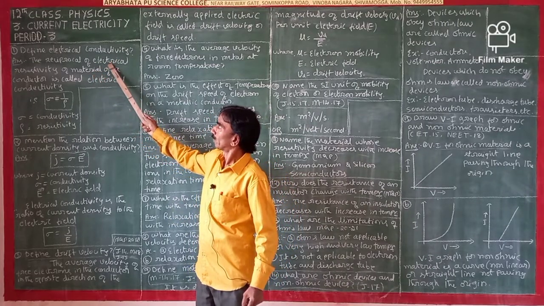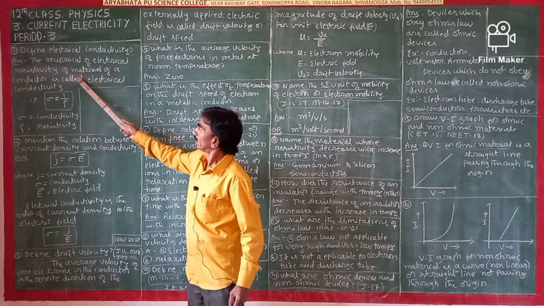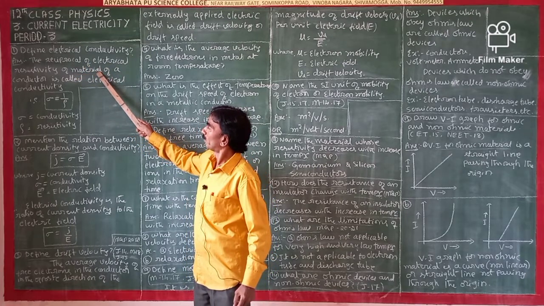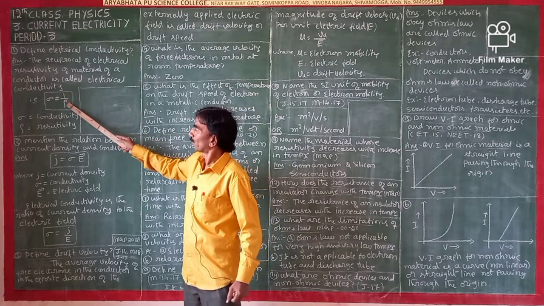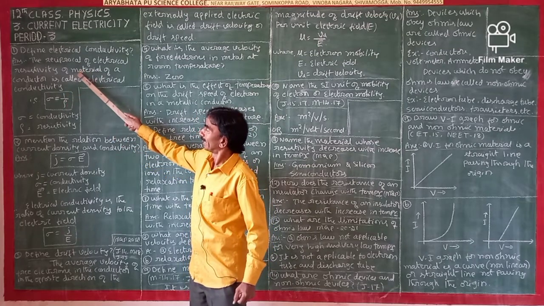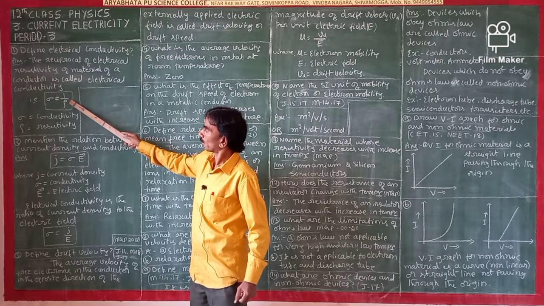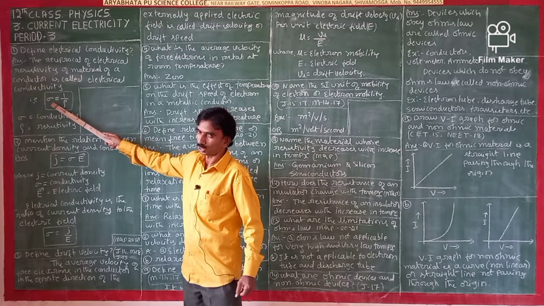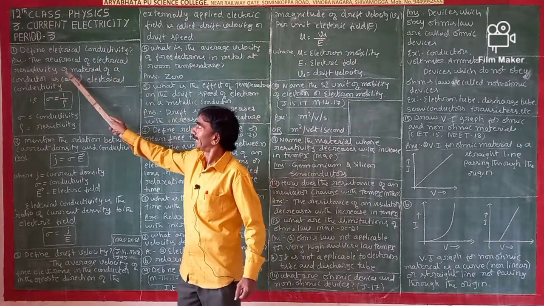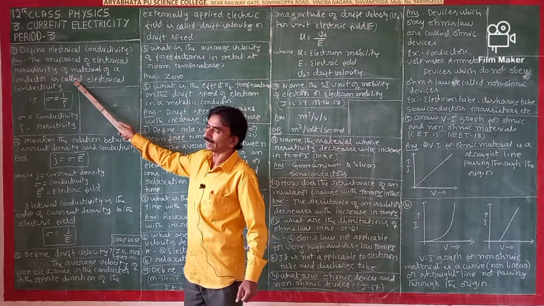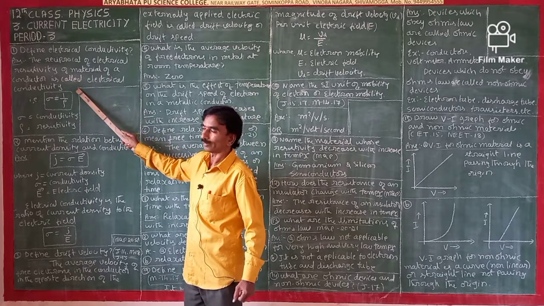The reciprocal of the electrical resistivity of the material of a conductor is called electrical conductivity.